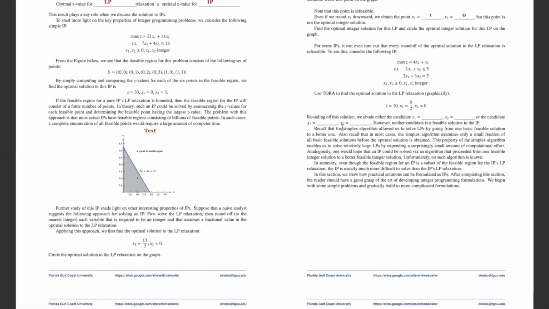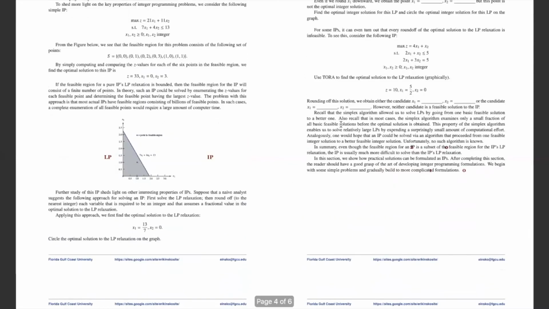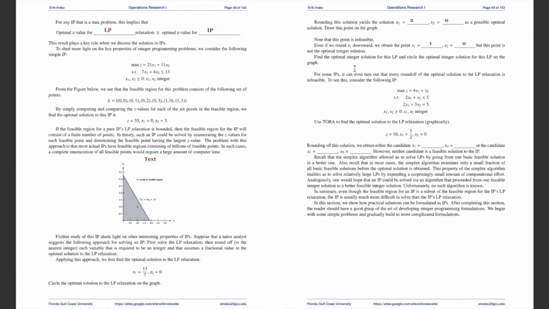So looking at the next example, we see that by using Torah, the maximum value is 10 when x1 is 5 halves. So originally we can choose our candidates to be 3, 0, or 2, 0.